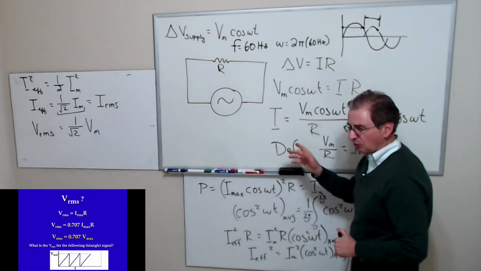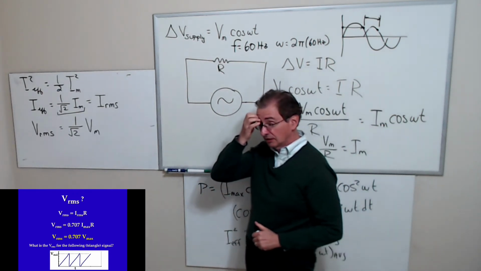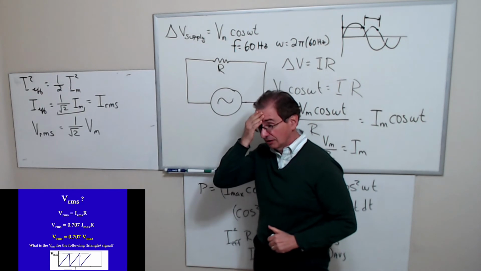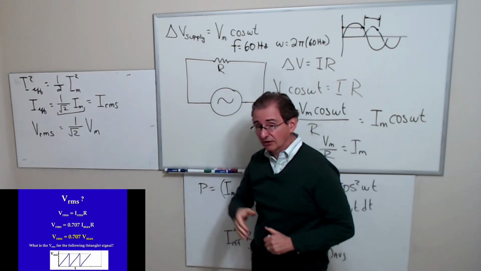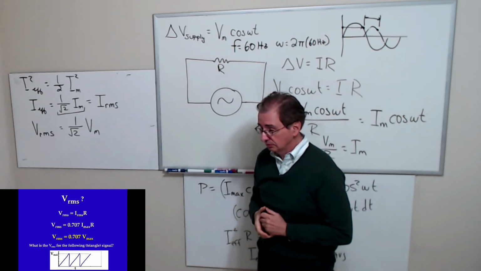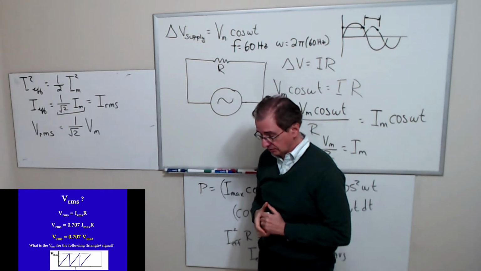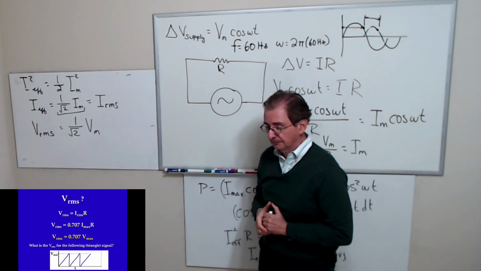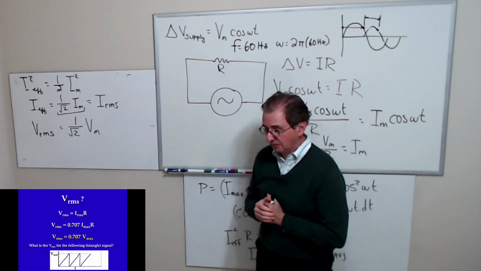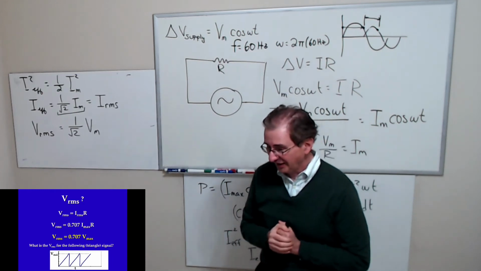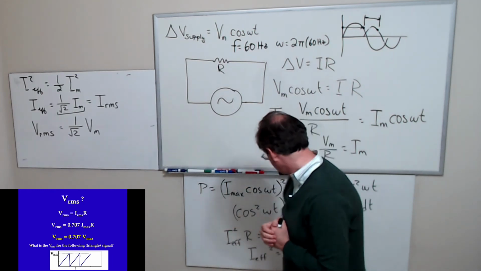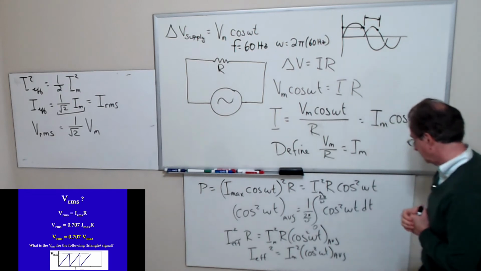Before I answer this question, do you know why we use AC current in the home as opposed to DC current? Anybody want to venture a guess? Is it because it's safer?